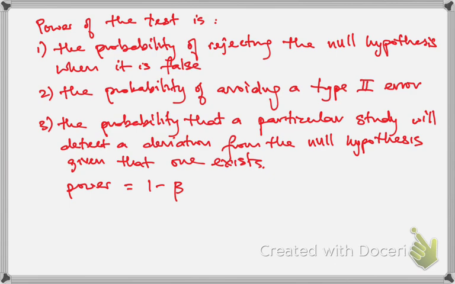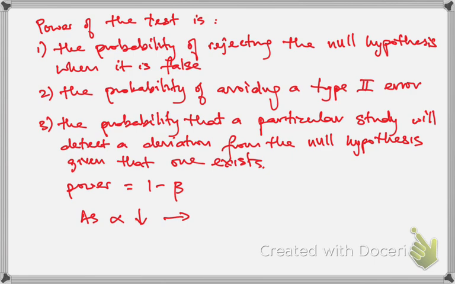Now, you don't need to know how to calculate beta. It's either going to be given to you or you don't need to calculate it. And you have to understand that beta and alpha, your significance level, are related in a way.